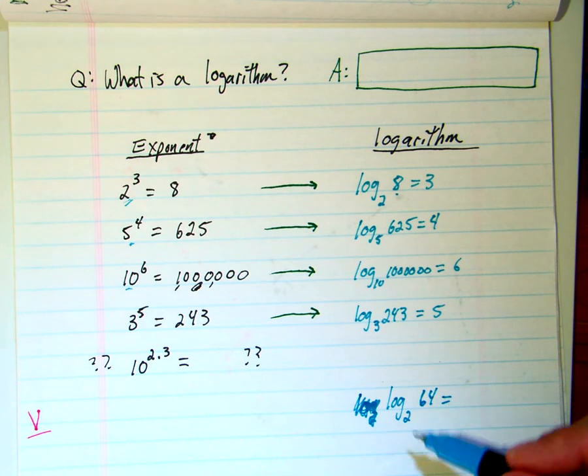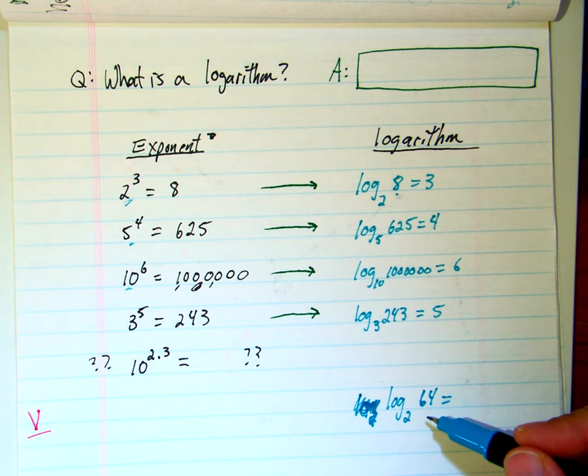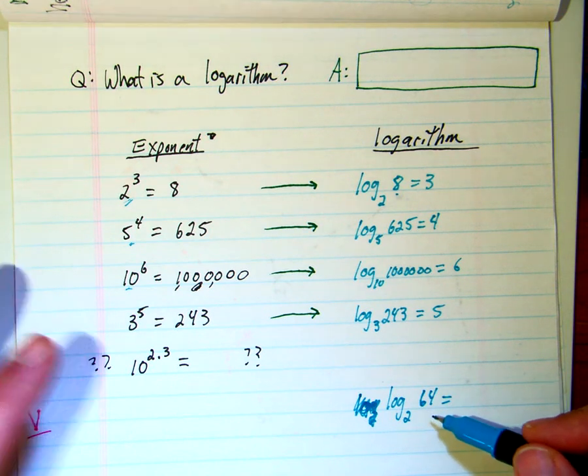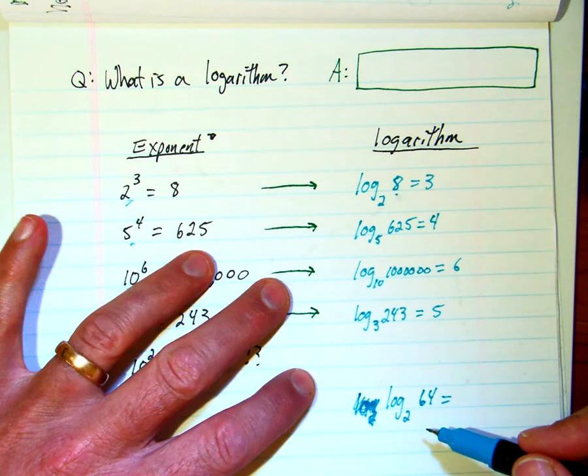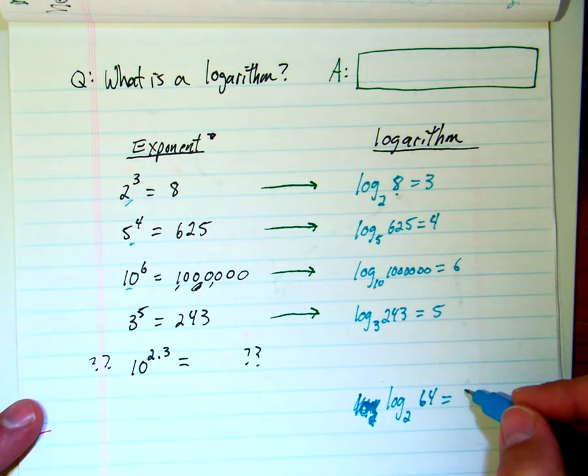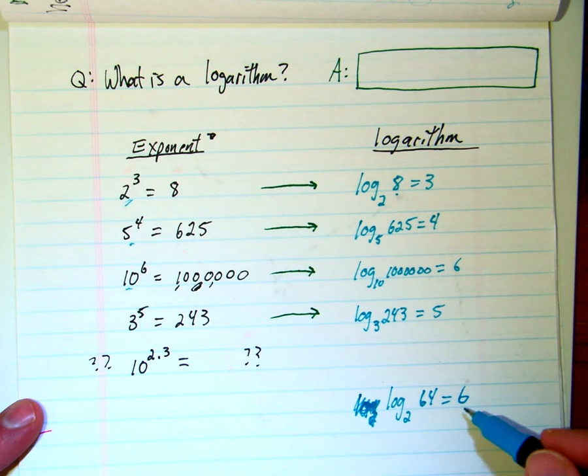And what you're doing with a logarithm is saying, okay, 2 raised to some power is 64. That is to say, a logarithm is another way to think of exponents. So 2, 4, 8, 16, 32, 64. So log base 2 of 64 is 6.